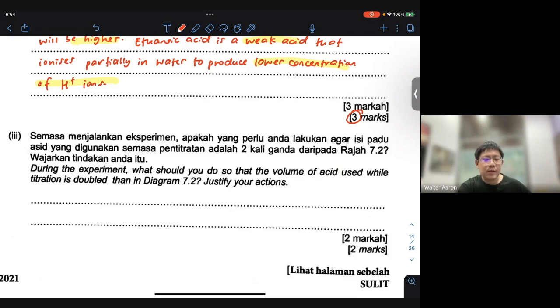You either reduce the concentration or you can change it to a monoprotic acid. Because right now you have a diprotic acid, where H2SO4 dissociates in water to give you a greater amount of hydrogen ions.